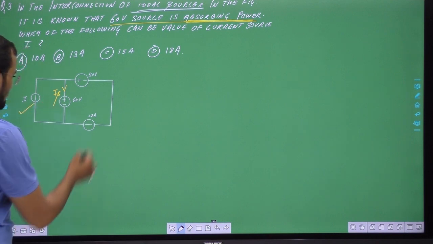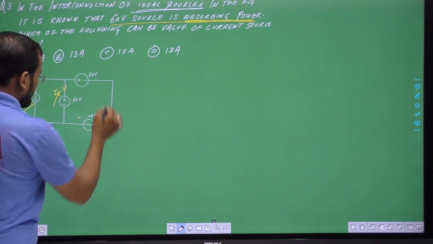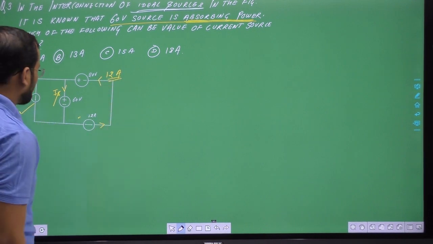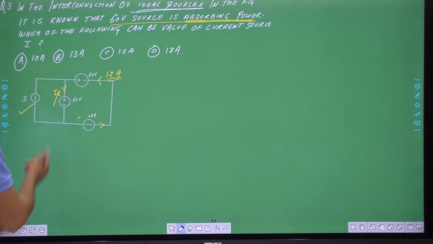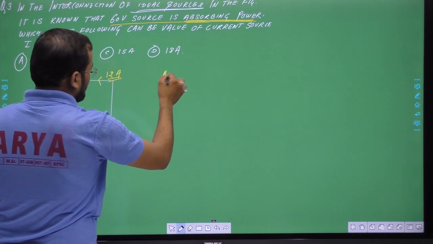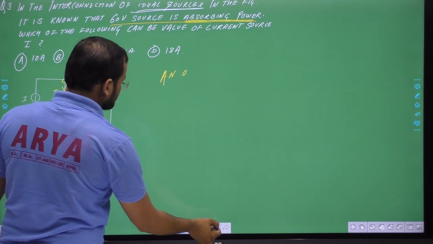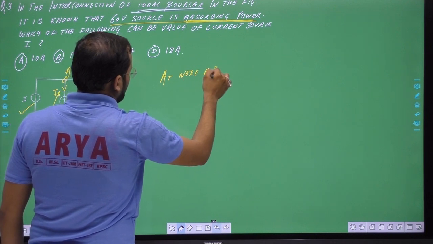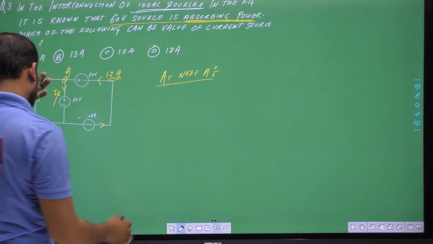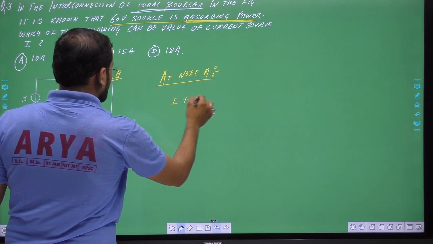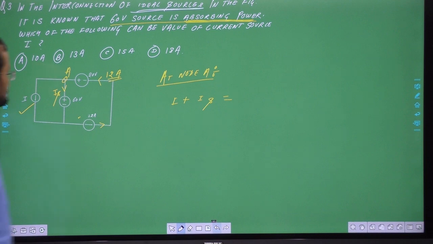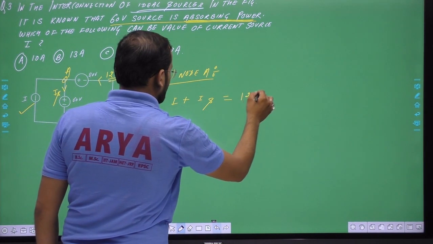So what will we do? As 12 ampere is flowing from here, it will obviously flow from here as 12 ampere, and this value is I. So at node A, if I apply KCL, then the leaving current I plus IS must be equal to the entering current, 12 ampere.